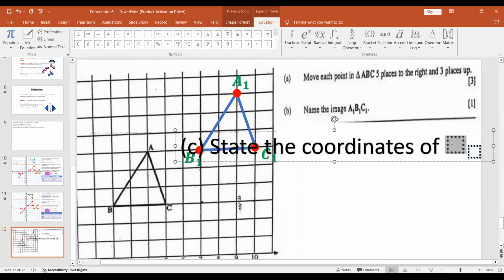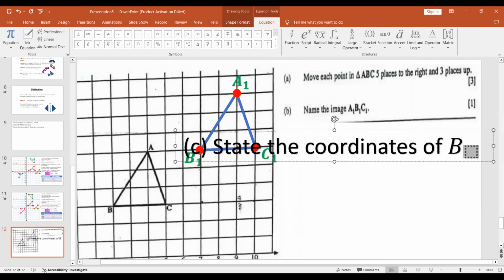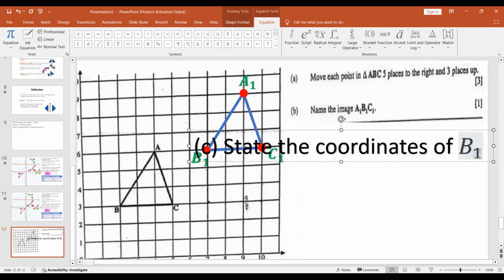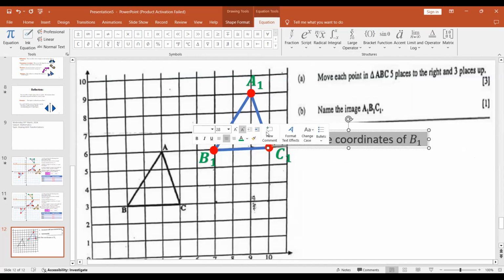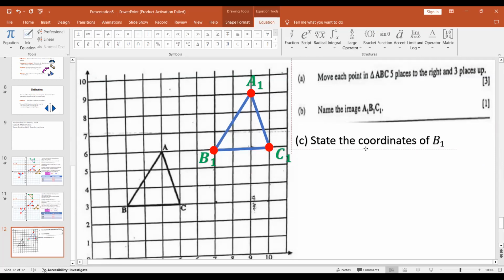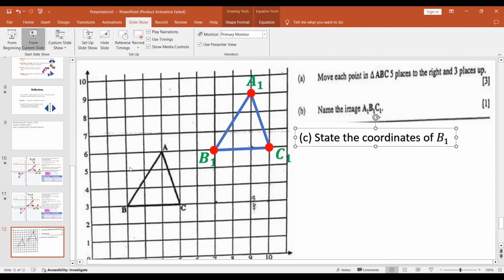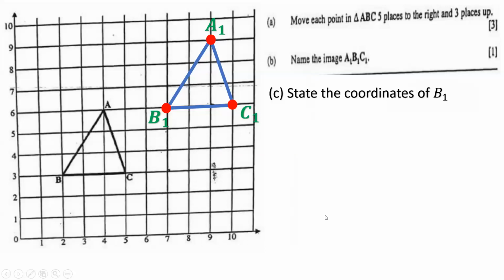State the coordinates of B1. So inside the chat, do this for me, please. Inside the chat, state the coordinates of B1. Let me put the graph properly for you. Inside the chat, do this for me. State the coordinates of B1 inside the chat.